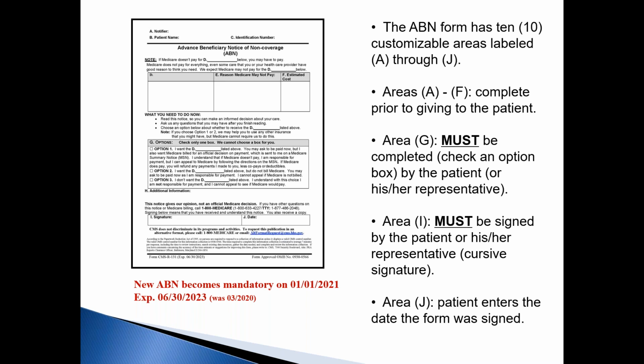So let me show you how to use the ABN form properly, and then just slip in the new ABN form. Again, the new ABN form becomes mandatory on January 1st of 2021. However, you could start using it today if you would like. The old one said March 2020. The new one in the bottom left corner says expiration date June 30th of 2023.